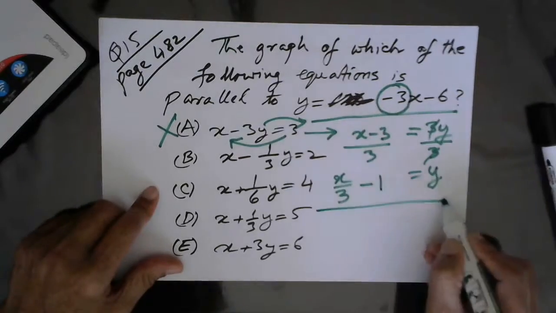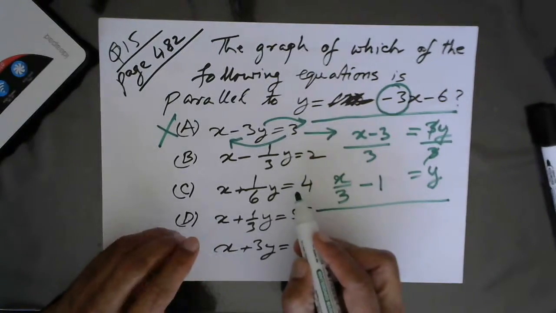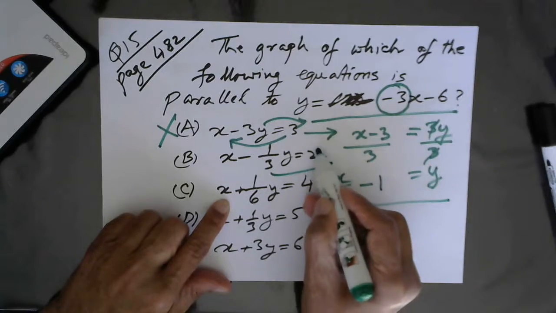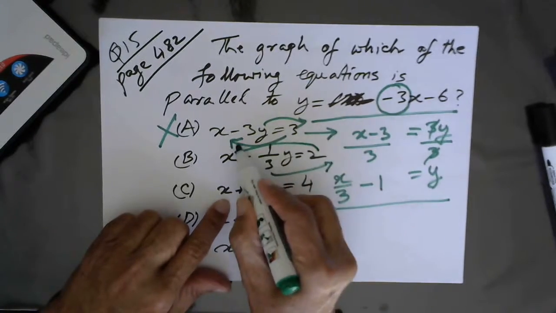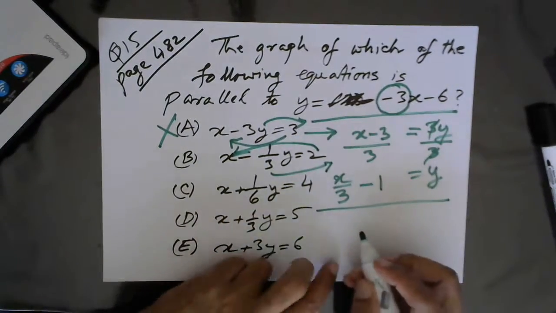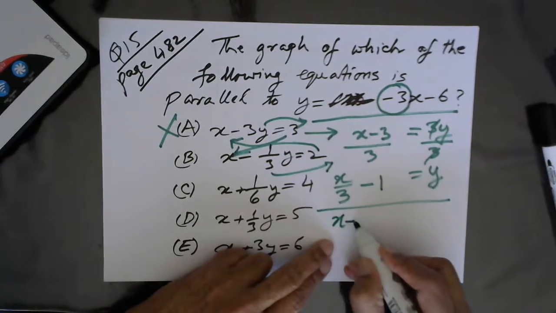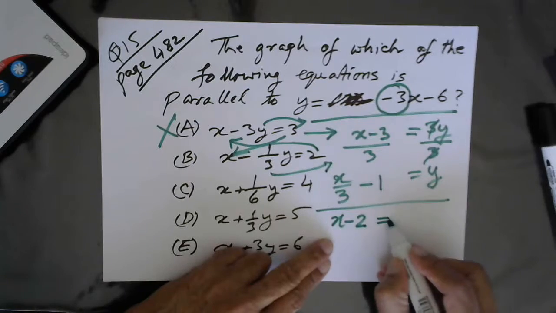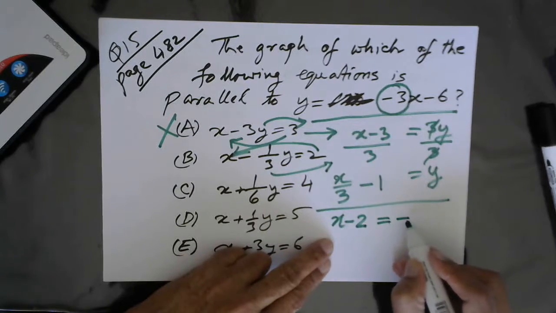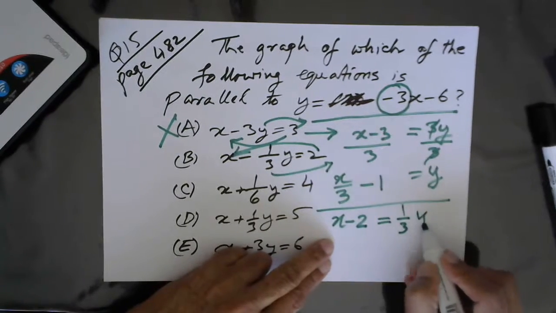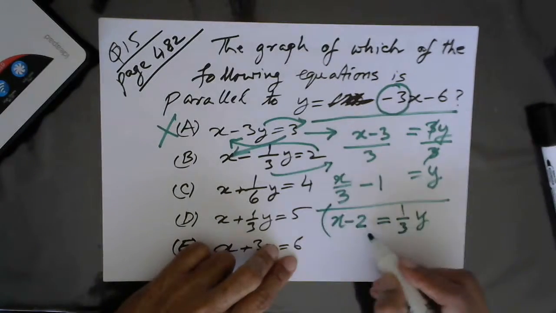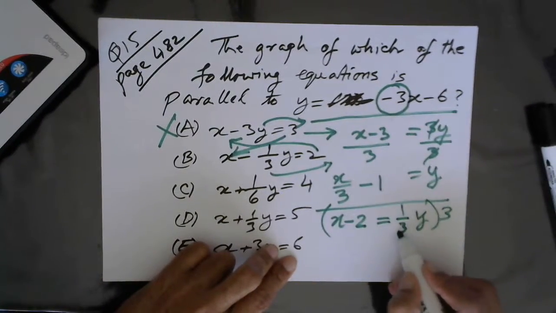Let us take the second option. Okay, I am transferring this to the right hand side and I am transferring this to the left hand side. So I will get x minus 2 is equal to 1 upon 3y. Okay, right. We multiply both sides by 3 to get rid of this 3.